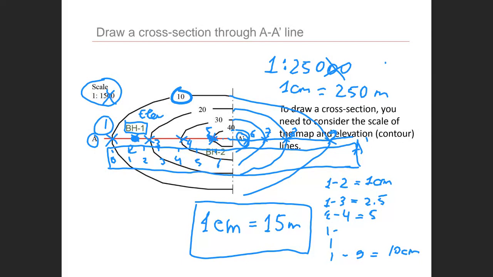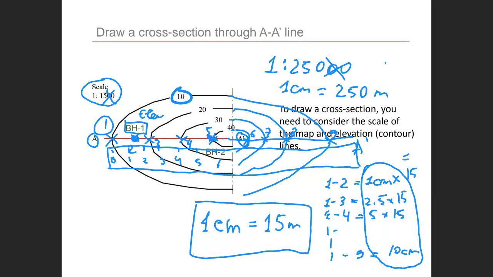And then next is you just need to get these numbers in centimeters. And then each number you're going to multiply by the scale. So if the scale is 1 centimeter is equal to 15 meters, each of them you will multiply by 15 because you're just going to change it to meters.